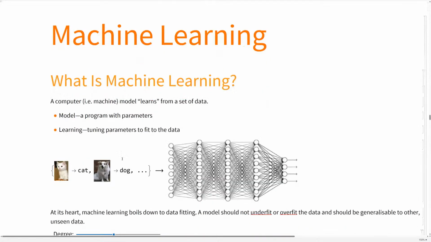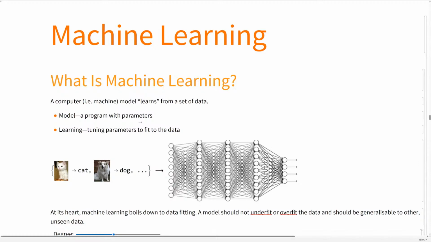All right, so what is machine learning? Machine learning is when a computer, a machine model, learns from a set of data. So the model is a program with parameters, which say like ax plus bx squared plus something something, and so on and so forth. It could be extremely large.